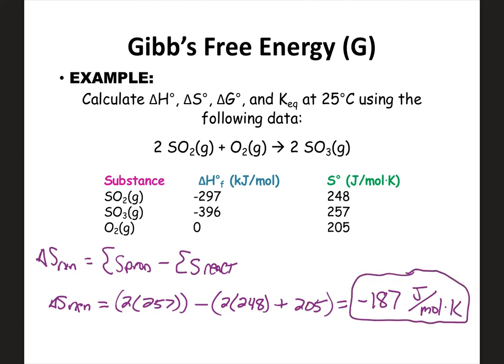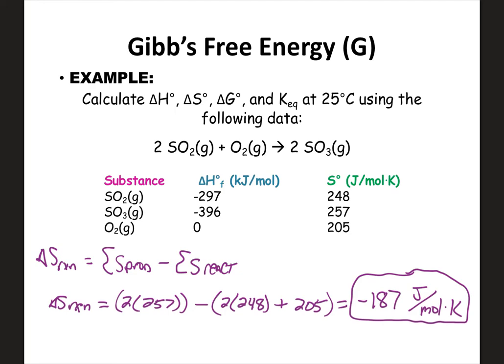Now, when I analyze the delta S that I got here, I can see this is negative. So your entropy is actually decreasing here, which is not preferred. So now I have a preferred delta H being negative, and I have a negative delta S, which is not preferred.